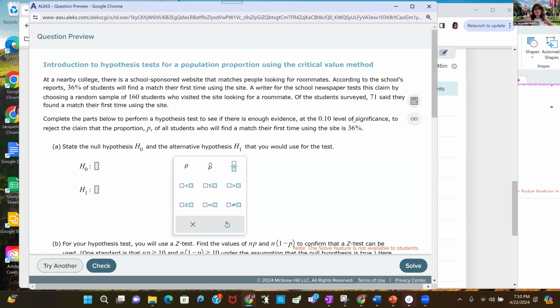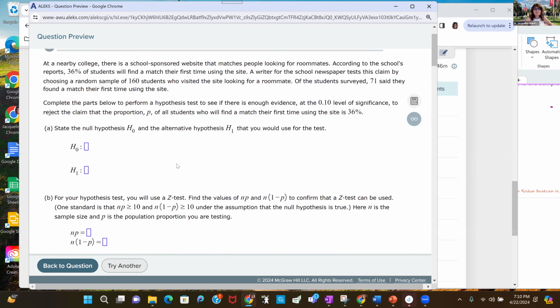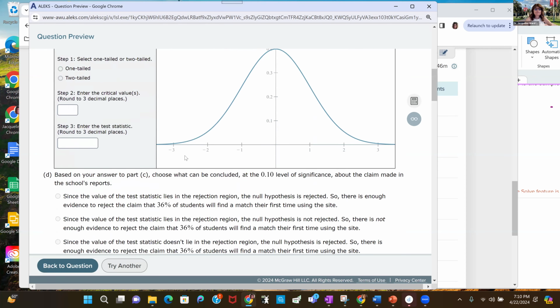So do the test at the 10% level of significance to see if you can reject the claim that the proportion equals 36%. Okay, so this first one is the same basic idea.